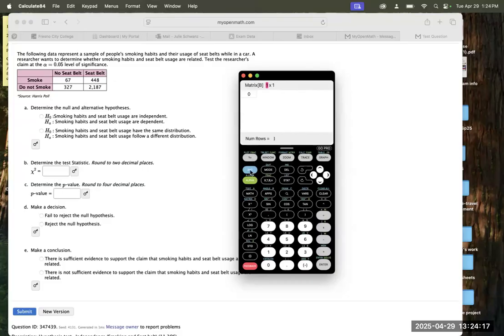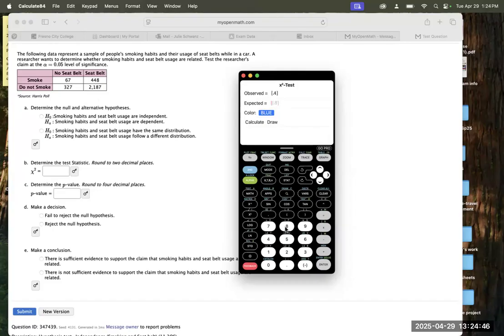So now I can do second quit out of that screen and then do stats, tests, and we're going to go to chi-square test, not chi-square goodness. Enter. The observed is coming from the actual sample. That was what we input for A. And the expected is what will be calculated automatically if I put an empty matrix here.